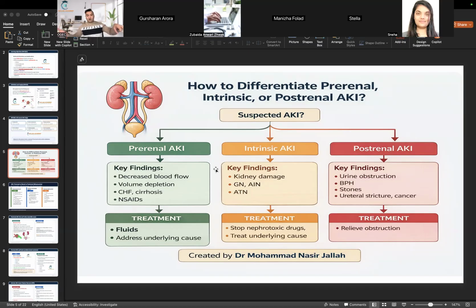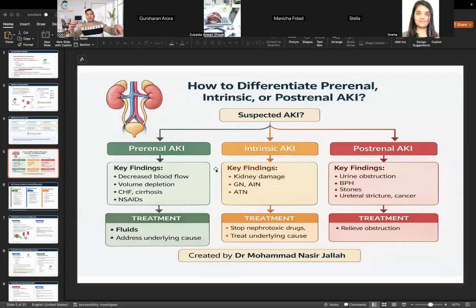For example, for post-renal acute kidney injury, what kind of medication can cause post-renal? The alpha blocker, right? For example, finasteride. Those and other medications can cause it.